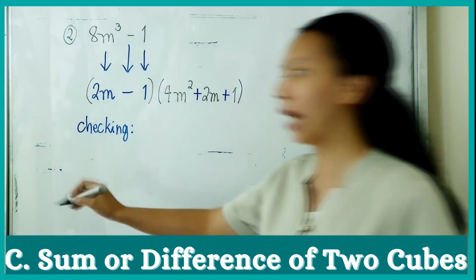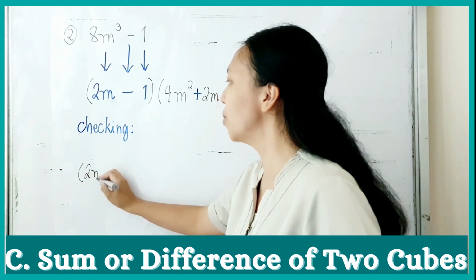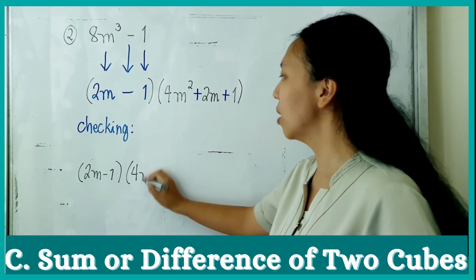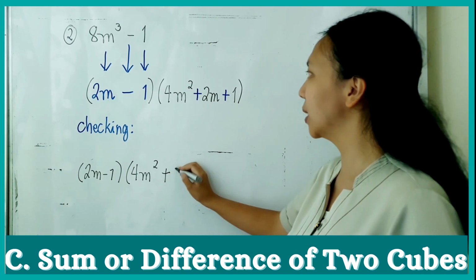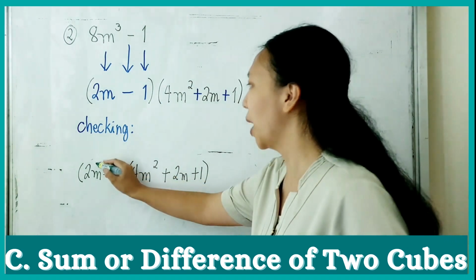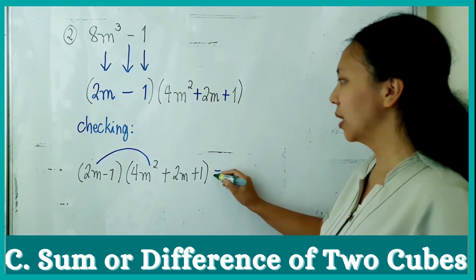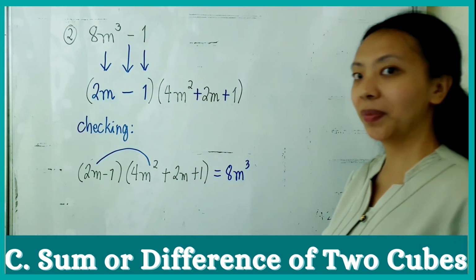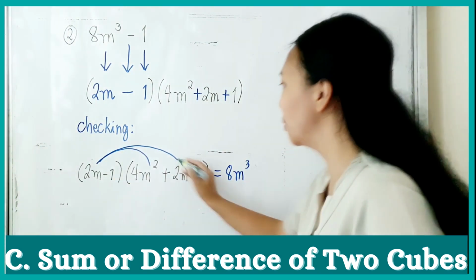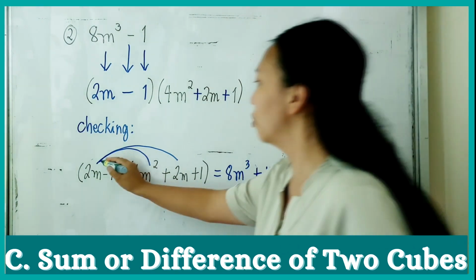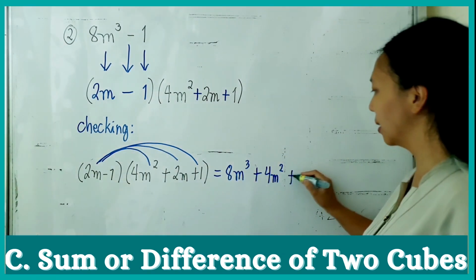We multiply the quantity 2m minus 1 by the quantity 4m squared plus 2m plus 1. 2m times 4m squared is 8m cubed. 2m times 2m is 4m squared. 2m times 1 is 2m.